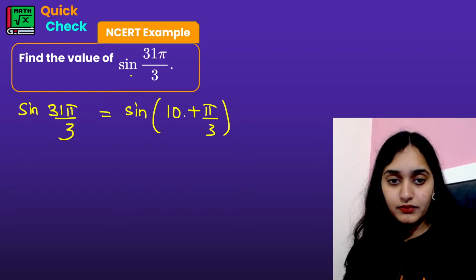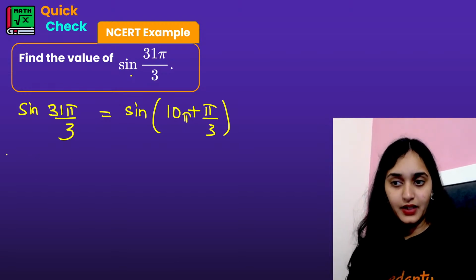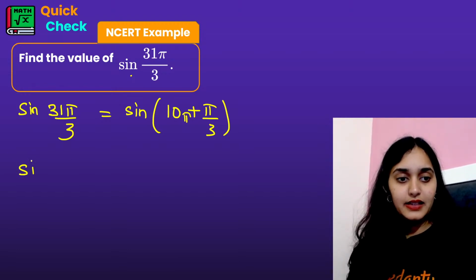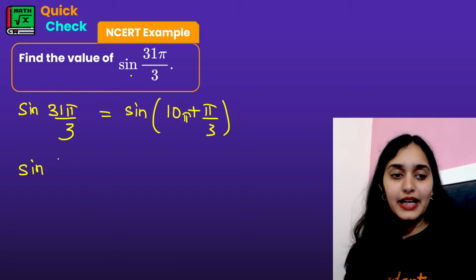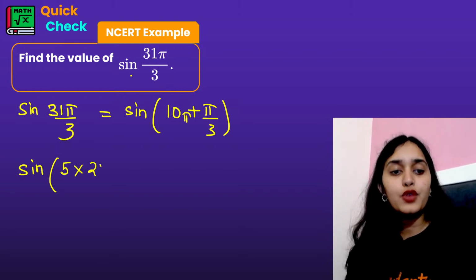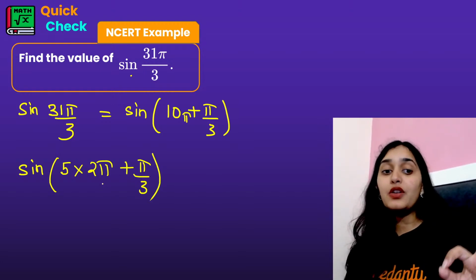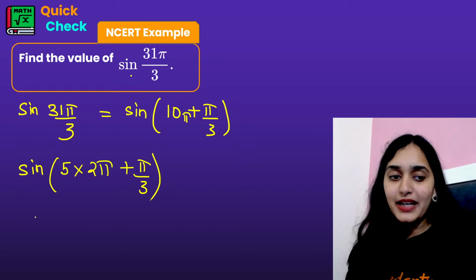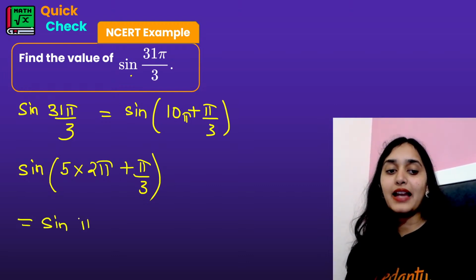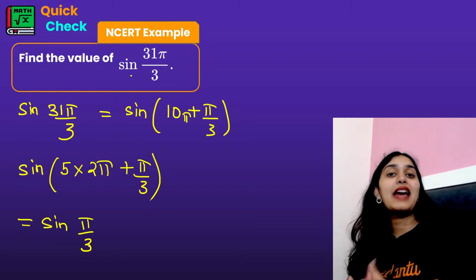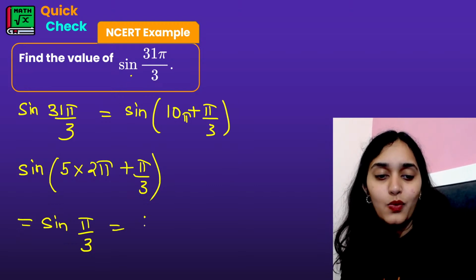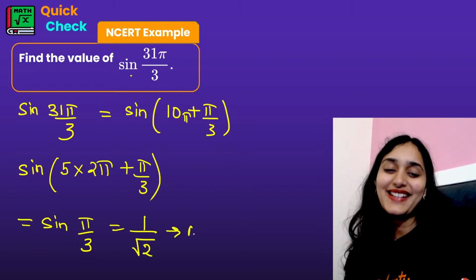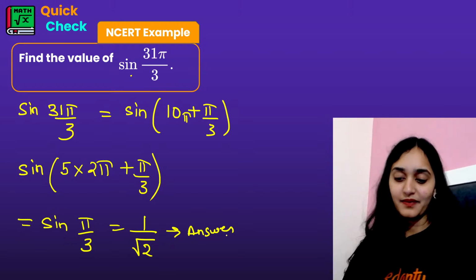Now, sine of 10 pi plus pi by 3 can be written as 5 times 2 pi plus pi by 3. Right? Now, we know that after every 2 pi, sine repeats itself. So this is same as sine pi by 3. Now, how much is sine 60 degree? It is root 3 by 2. That's your answer. Simple. Okay, next question.